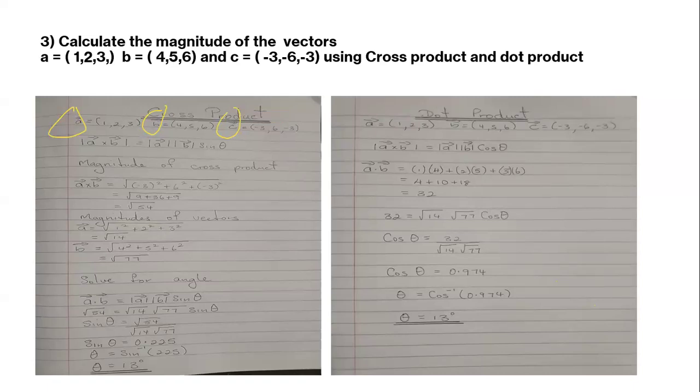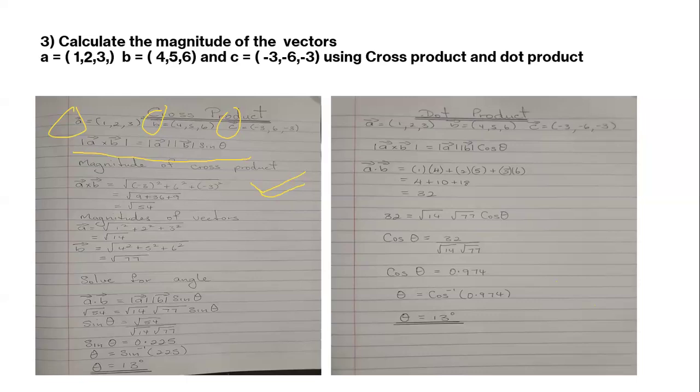The formula to calculate the magnitude using the cross product is the magnitude of A times B equal to the magnitude of A times the magnitude of B sine theta. So the magnitude is of A times B. We take the root of the perpendicular or normal vector, and that gives us root 54.